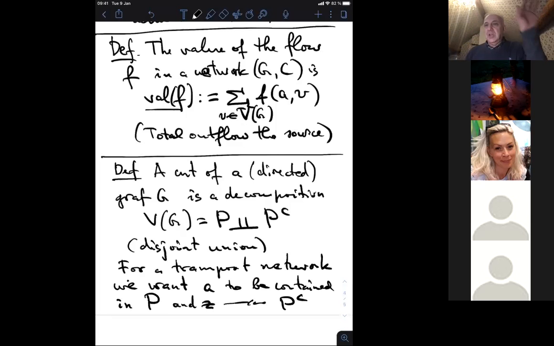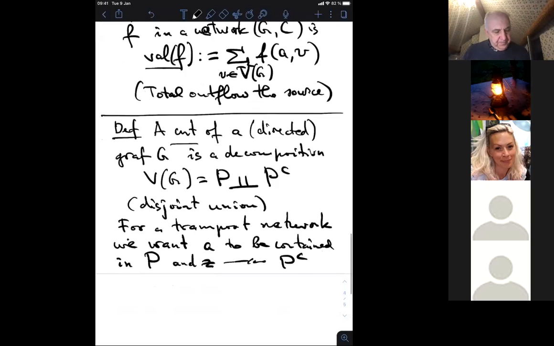So we're just decomposing our vertices into two disjoint sets, one containing the source, another containing the sink. This is all that the cut is. Okay.